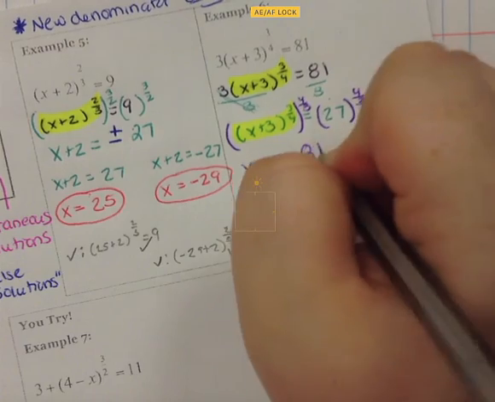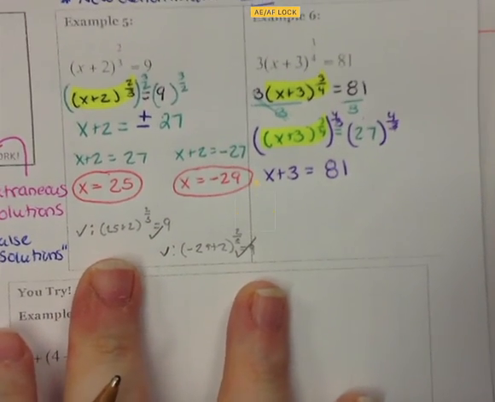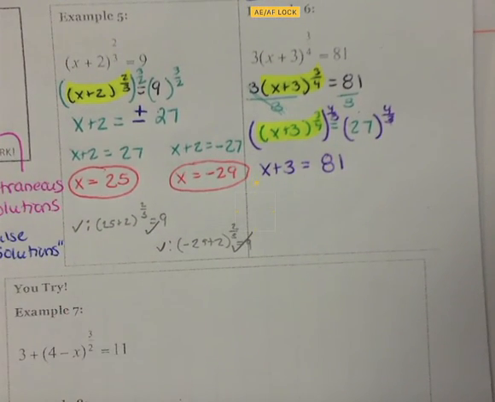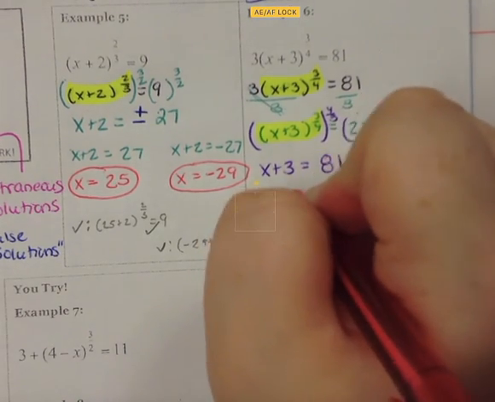I get 81. So I just have x plus 3 equals 81. Not plus or minus, just 81. Now I just need to subtract the 3 to finish solving it. So x equals 81 minus 3 is 78.